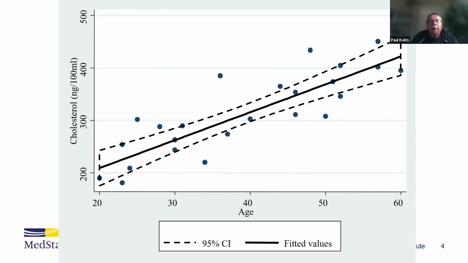As you probably know, the 95% confidence interval predicts best at the mean of the independent variable. As you get to the extremes of the independent variable, you have wider confidence intervals. In other words, it doesn't predict as well at the extremes. So that's linear regression, which I'm sure everyone is familiar with.